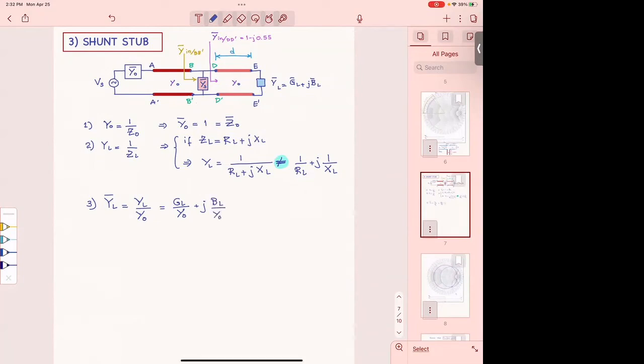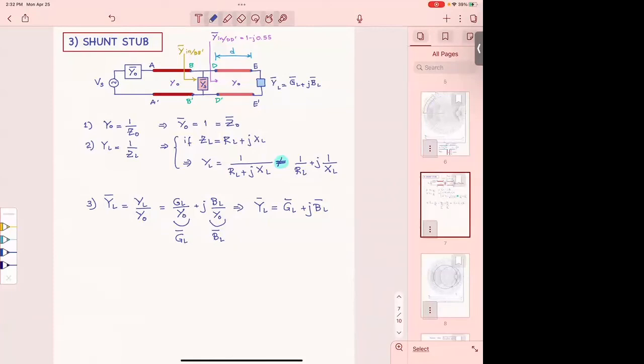Let me just remove that from here. So you see how I'm finding the normalized version. And if I call this one normalized GL, and this one normalized BL, then YL normalized equals GL normalized plus J BL normalized.